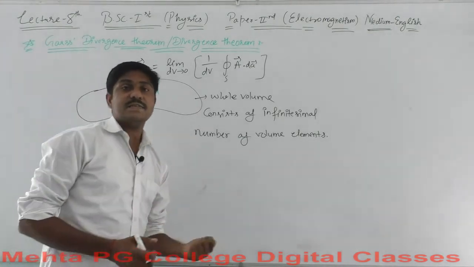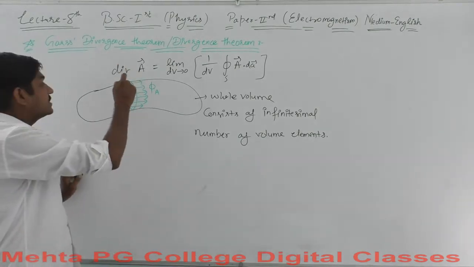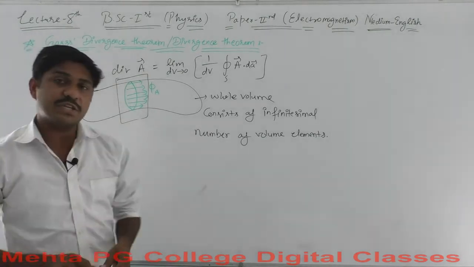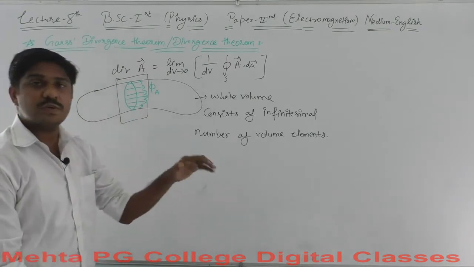As in this video we have a focus on this particular surface, we will talk about this face only because it is relevant to us. So how does it relate to us in Gauss's divergence theorem?